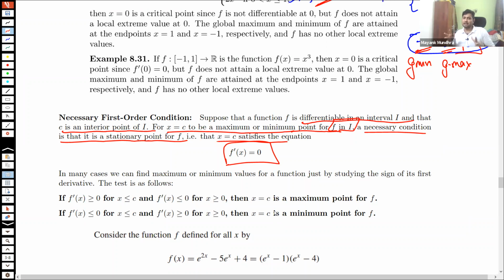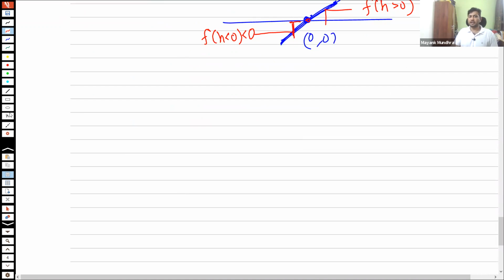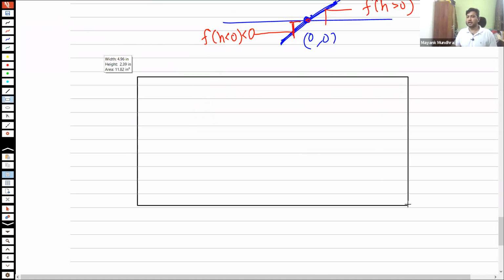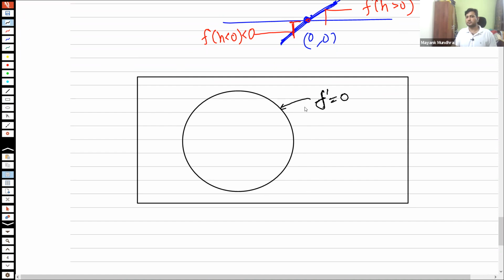If you are looking at an interior point, then for it to be a maxima or a minima, it should have f prime equal to 0. Now, why am I calling it a necessary condition? Necessary means this needs to be true, but it being true does not imply that the function will have that point as a maxima or a minima. So suppose for a particular function, this set is the set of all points where f prime is equal to 0.